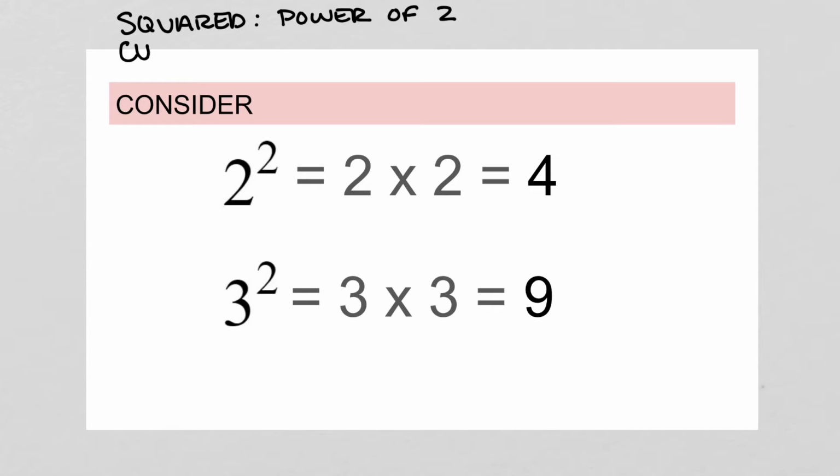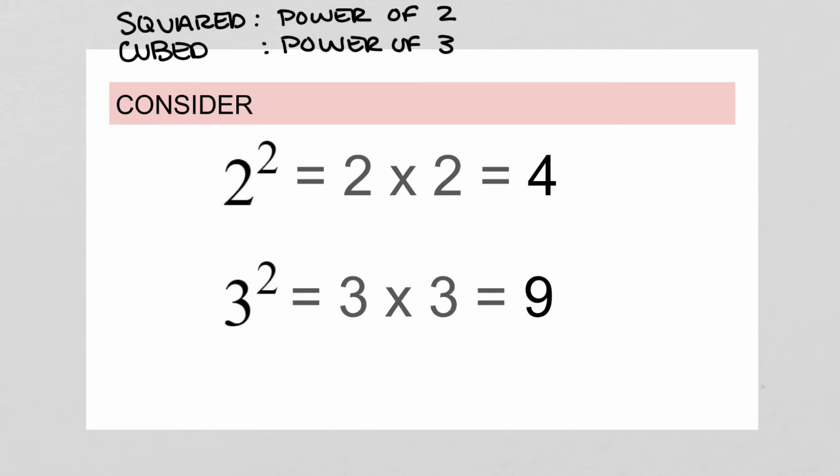And also, when I say the word cubed, we're going to just remember that that means it's raised to the power of 3. Those are pretty standard shortcut words that we use, squared and cubed. So here, 2 squared is the same thing as 2 times 2, which is the same thing as 4.